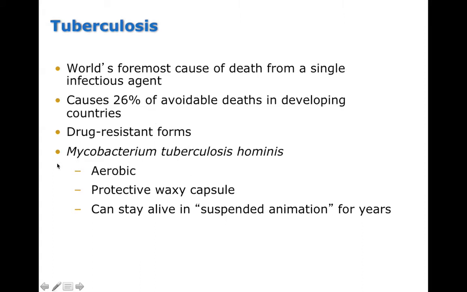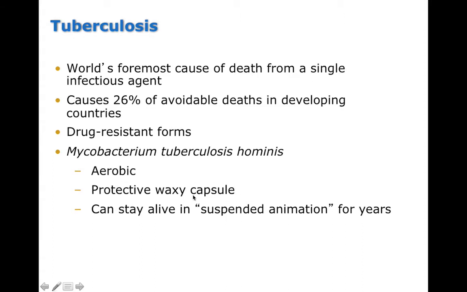So we actually have quadruply resistant mycobacteria now, which means they're resistant to all 4 main classes of antibiotics against it. Now, Mycobacterium tuberculosis hominis is the most common strain that's more likely to infect humans, hence the hominis. Now, this microbe is aerobic, so it's oxygen requiring.